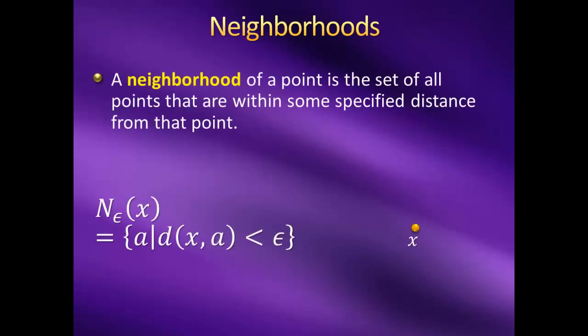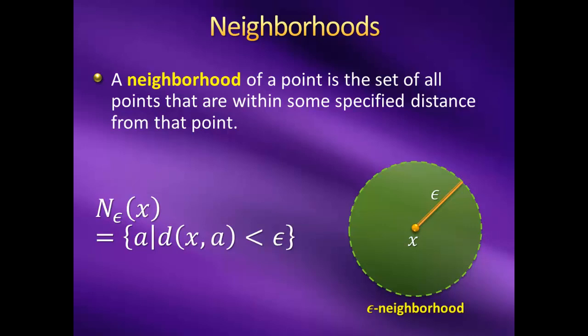A neighborhood of a point is the set of all points that are within some specified distance from that first point. The points in the neighborhood should be less than that distance away, never equal to. In math, we often use the lowercase Greek letter epsilon to denote a small distance, in which case an epsilon neighborhood of a point is a neighborhood where all the points in the neighborhood are within a distance of epsilon from that first point.